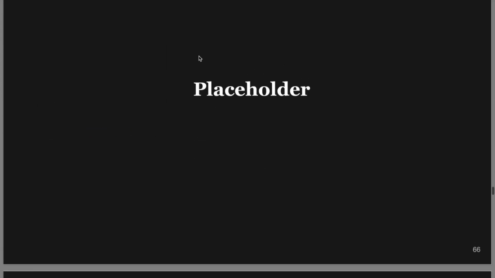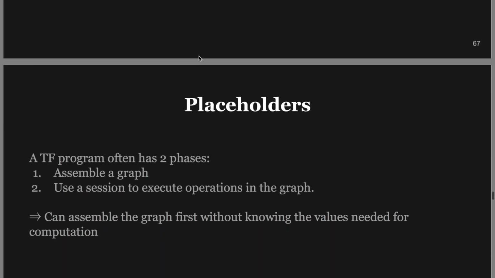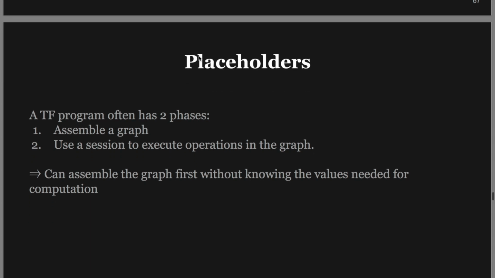Okay, let's start discussing placeholders now. So quick reminder, in TensorFlow we assemble the graph and then we use a session to execute operations in the graph. We have covered this before. The whole idea with placeholders is that we don't really need the data to be in place to assemble the graph and then to start executing some operations within a session.